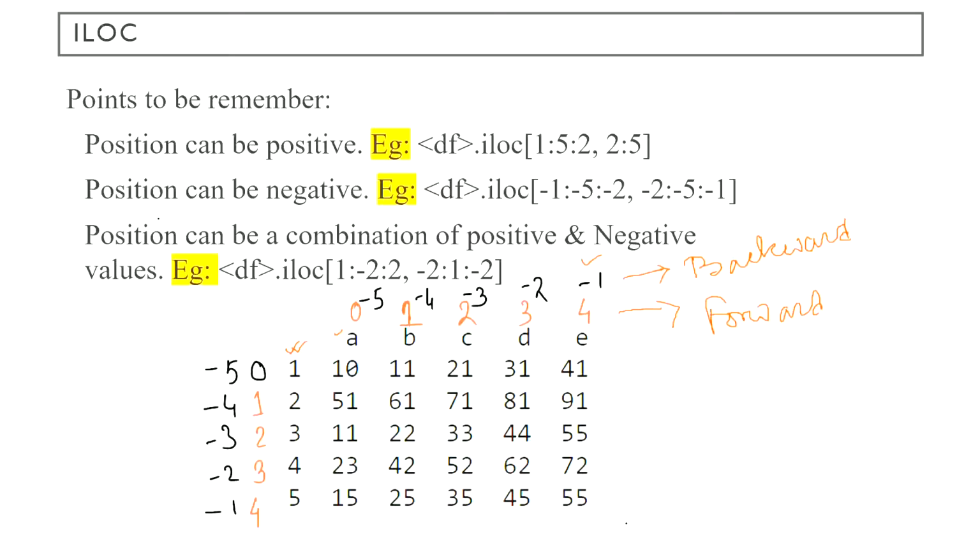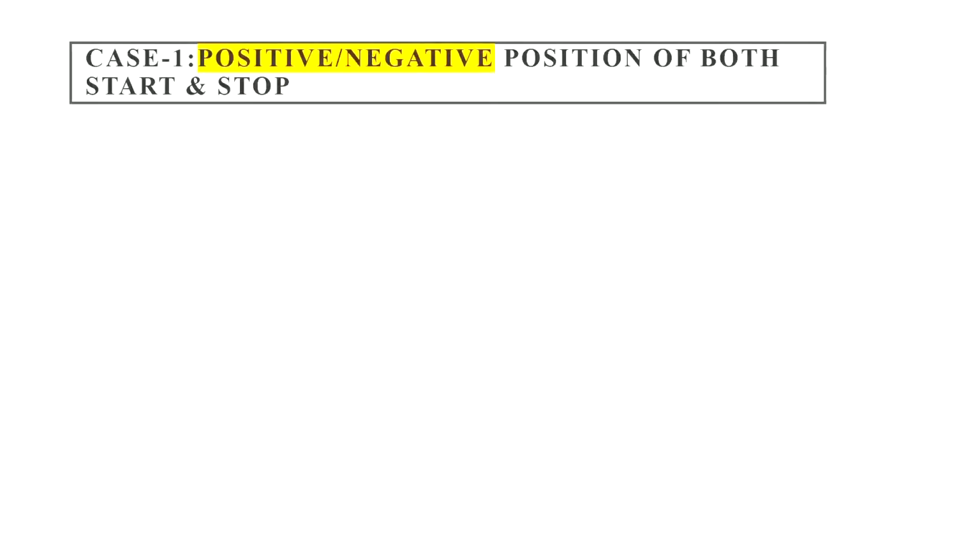These are not the positions. These are the names of rows, and these two are the positions of rows. Positions are of two types, negative and positive. Positive means forward, negative means backward. So we need to remember these characteristics of a data frame.